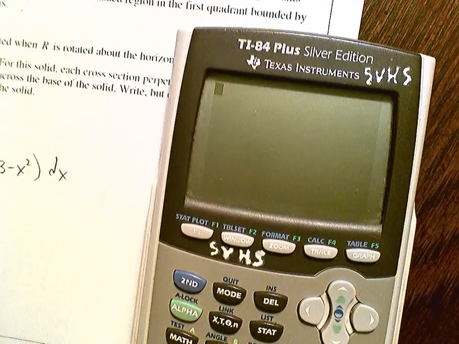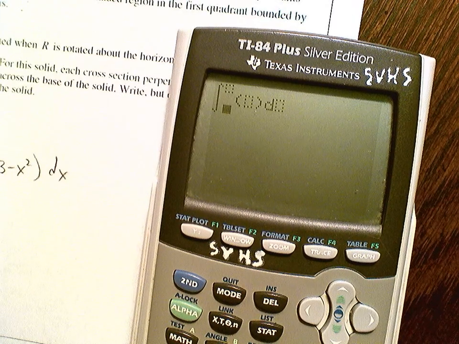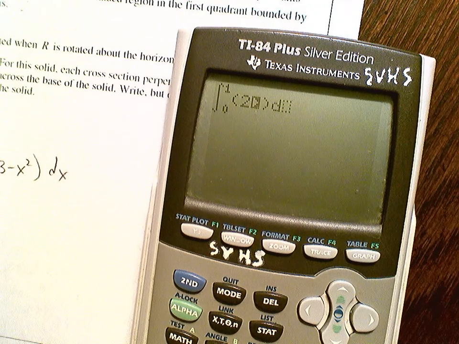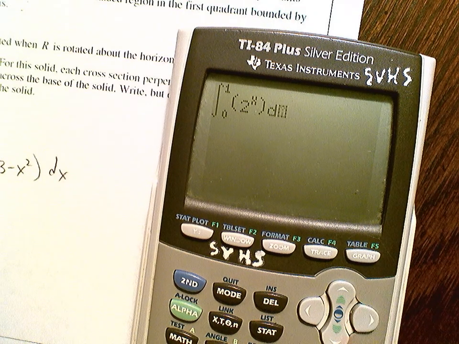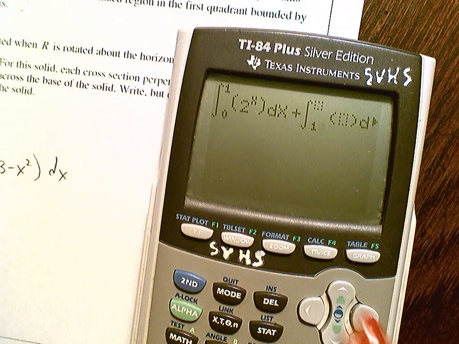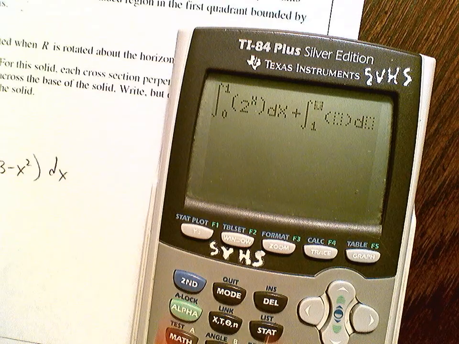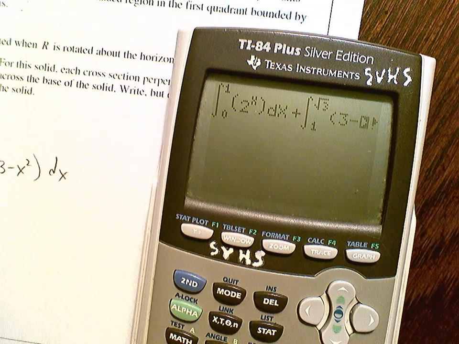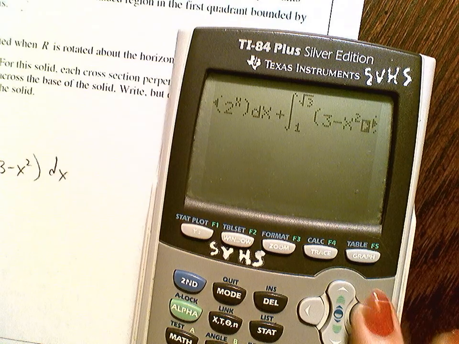So I go math 9, 0 to 1, 2 to the x dx, plus 1 to radical 3, 3 minus x squared dx.